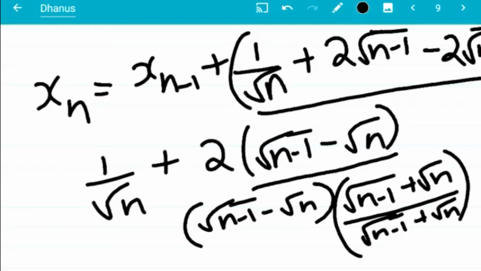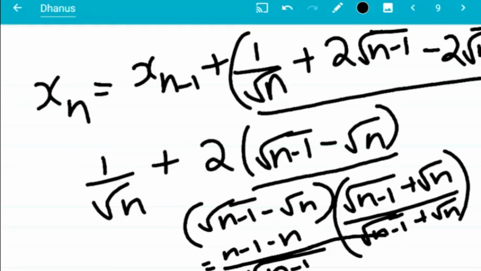It will be equal to n minus 1 minus n by root of n minus 1 plus root n.